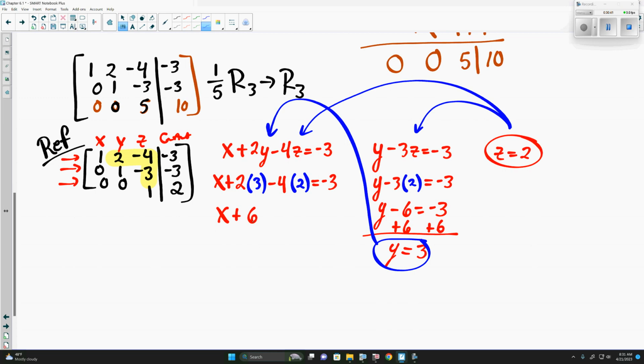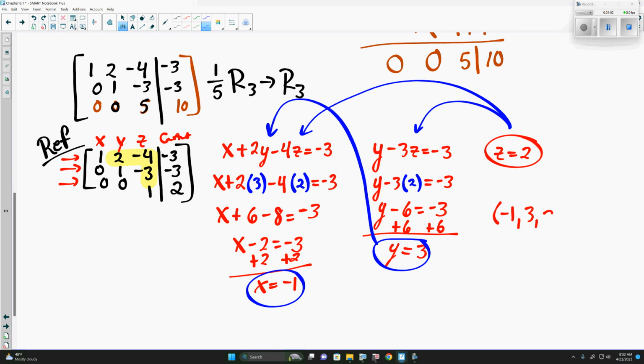Well, 2 times 3 is 6. -4 times 2 is -8. Or that we have x minus 2 is equal to -3. Add 2 to both sides, telling us x is equal to -1. So our solution is -1, 3, 2. Questions on this here?